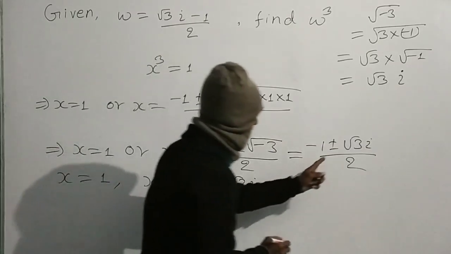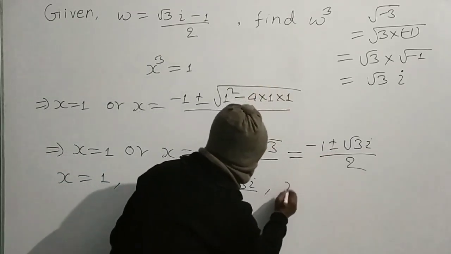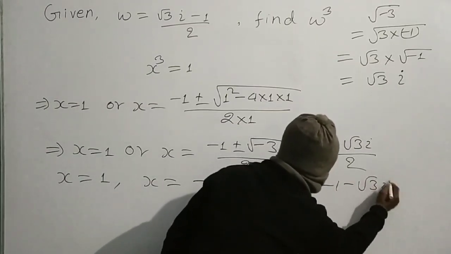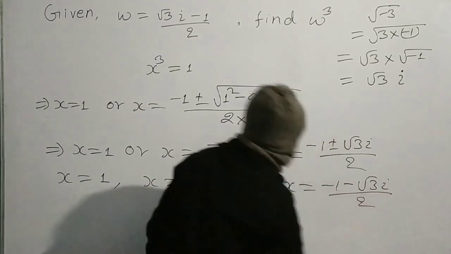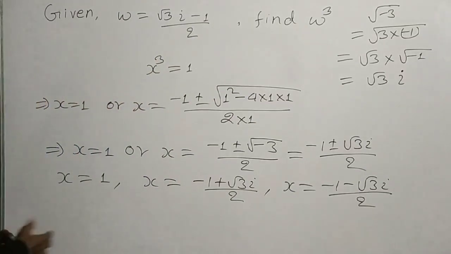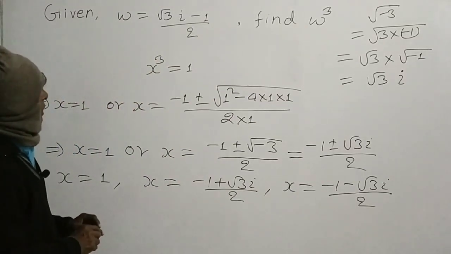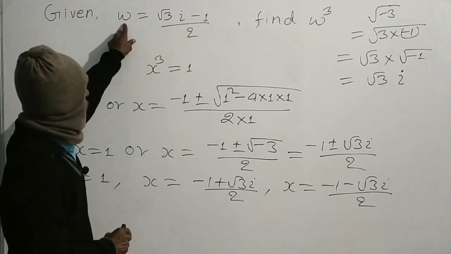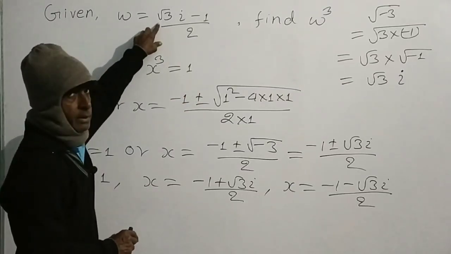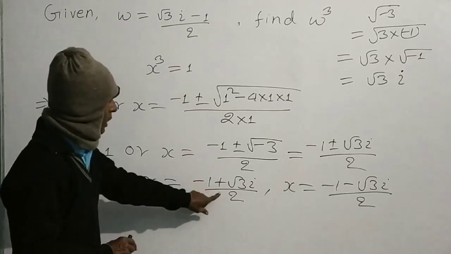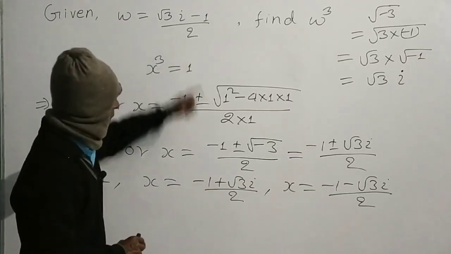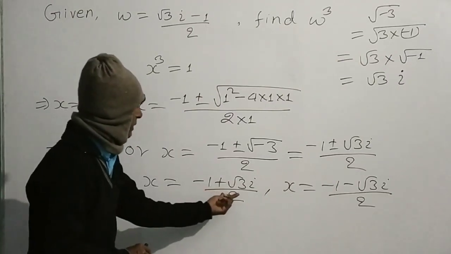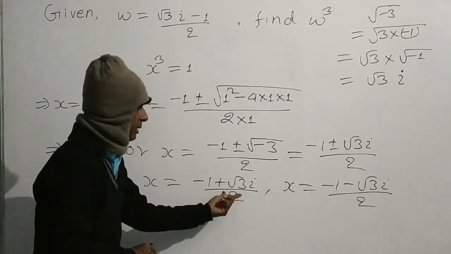And when we take minus sign here, then root is minus 1 minus root 3I by 2. In the question it is given that omega is equal to this, and look at this, both are same, that means this is omega.